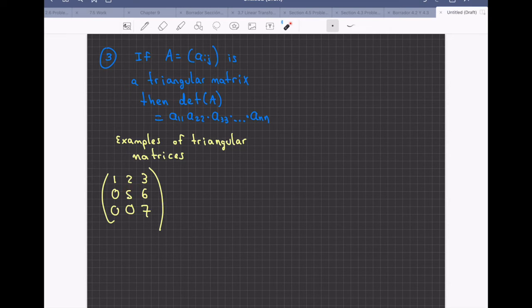Another example of a matrix like this is going to be 1, 2, 3, 4.